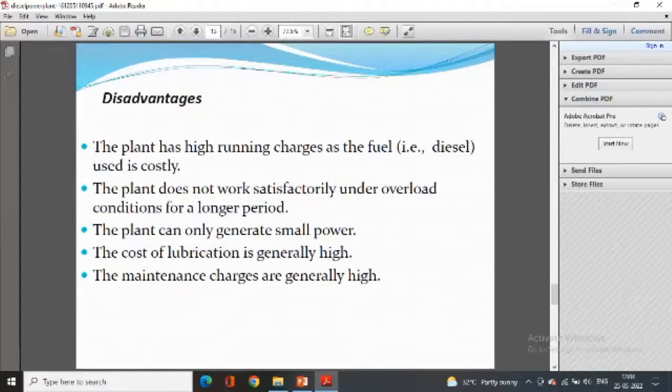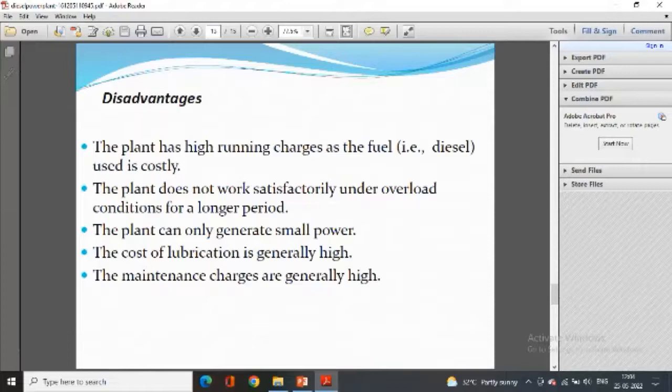Next disadvantage is the plant does not work satisfactorily under overload conditions for a longer period. Then next, the plant can only generate small power, because for generating a large amount of power we require a huge quantity of fuel, or a large amount of diesel is required.